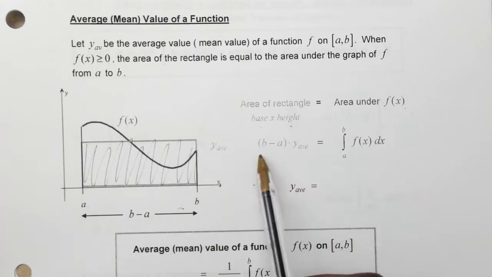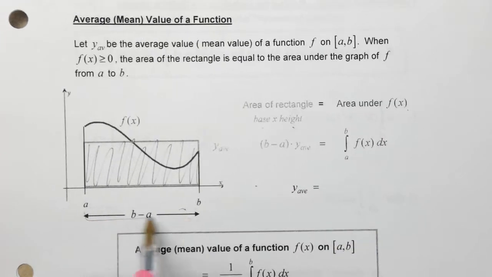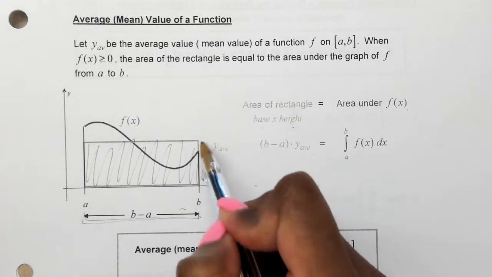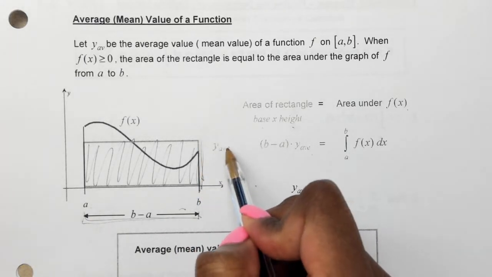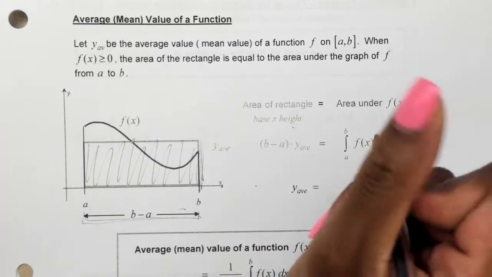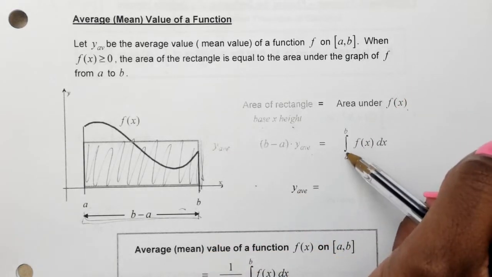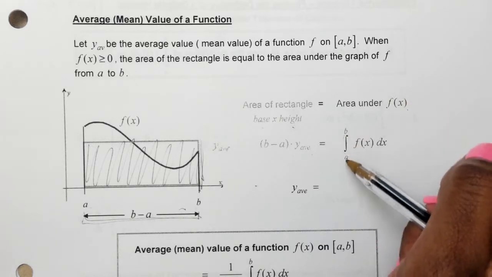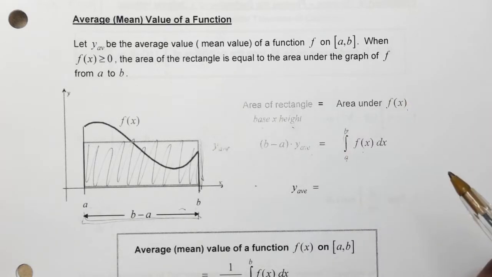Okay, so b minus a, my base, times my height, because my height is now the average y value, is going to be equal to the integral from a to b of f of x dx.